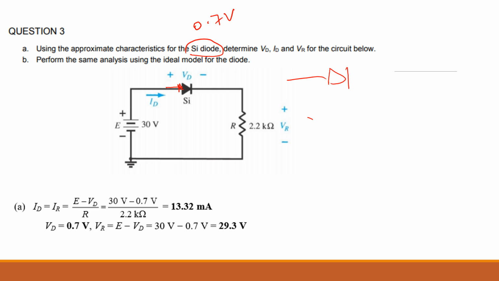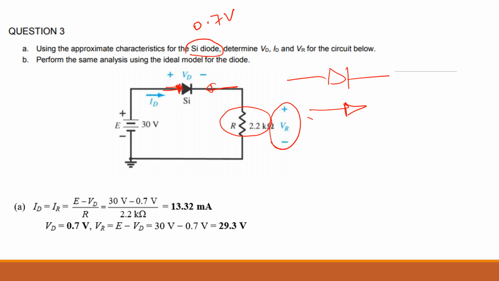The diode only lets the current go like this. The switch is closed only if it is like that. If the current is coming from the other end, it is not letting the current go. We call that reverse bias, and it's like an open switch. If it is open, there is no current across the resistor as well, so VR is 0. So you need to first make sure whether the diode is in forward bias or reverse bias. This is in forward bias, so you can do the other calculations and find out.